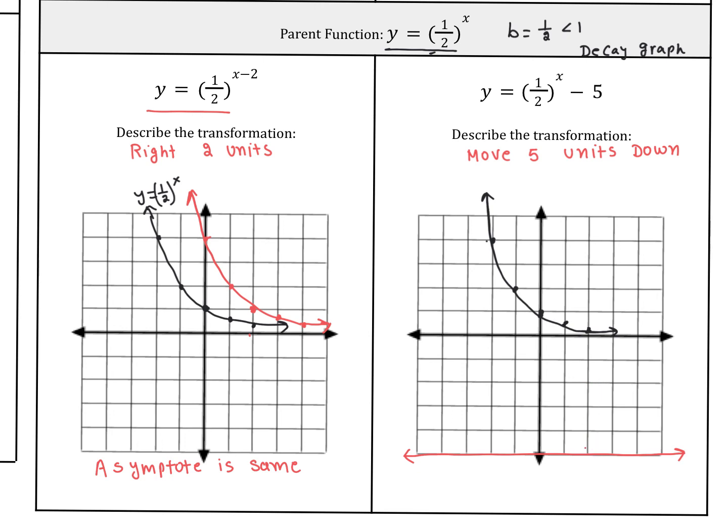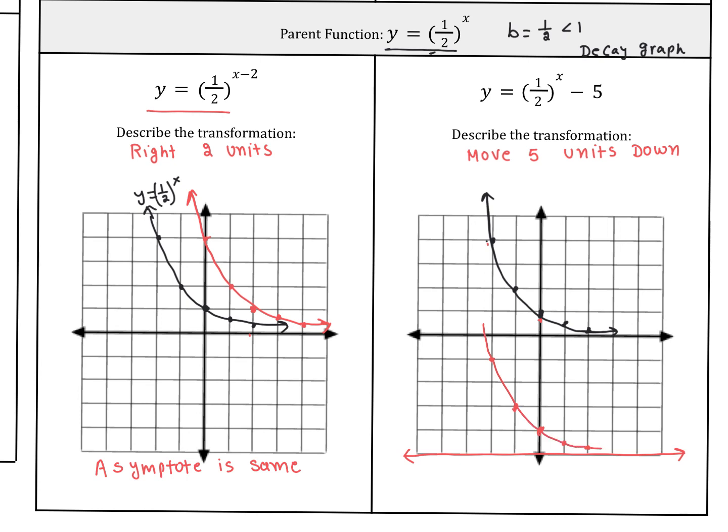So this is going to be my 2.5, 0.25, half. This point is moved here, and this point is moved right here. And the last point is moved 5 units down, so 1, 2, 3, 4, 5 down here, and then join all of these points.